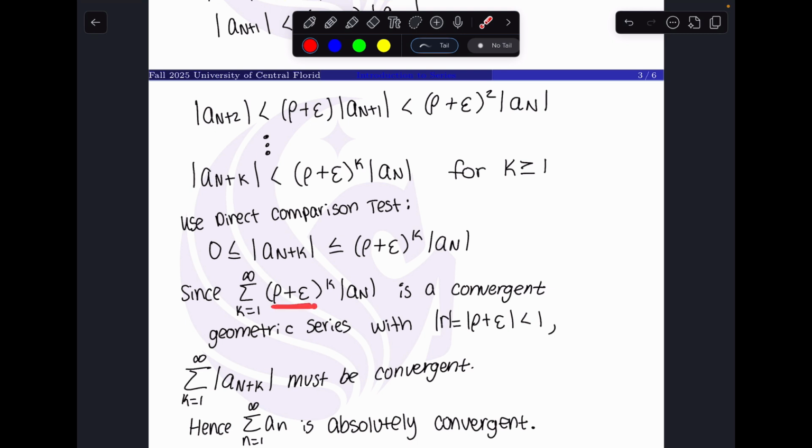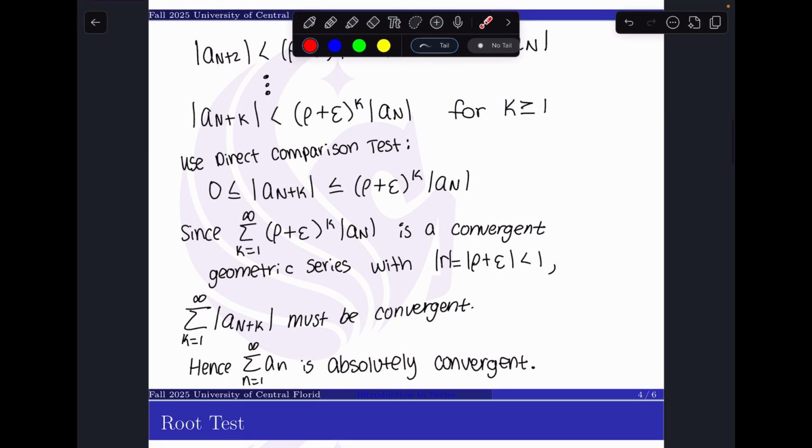Since we chose epsilon such that rho plus epsilon is less than 1, we know that this is going to be a convergent geometric series, which means by the direct comparison test that the sum of the absolute value of a sub n plus k is going to be convergent.